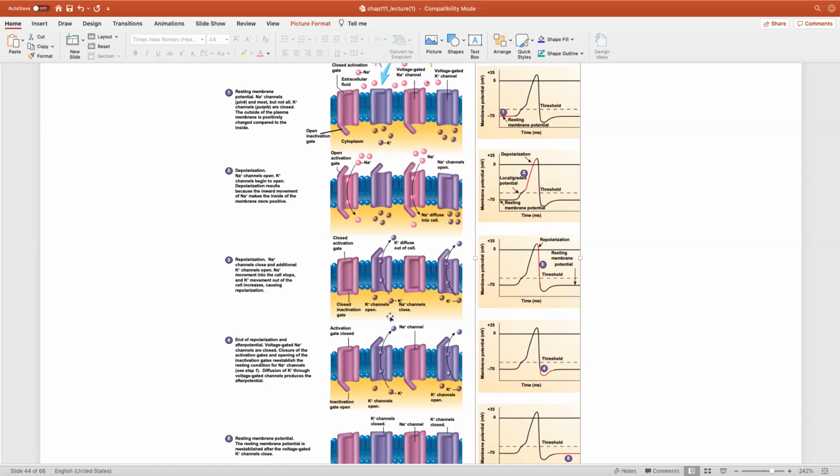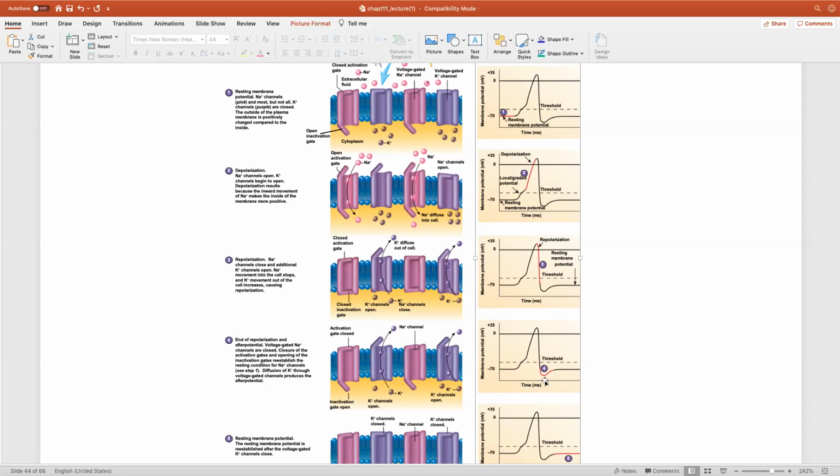When that happens, you have too much loss of positive charge, and you become slightly more negative than you should be. We call that the hyperpolarization phase, and usually it's caused by a hyper or after potential. And that potential means that instead of being at -70, you're at -80.